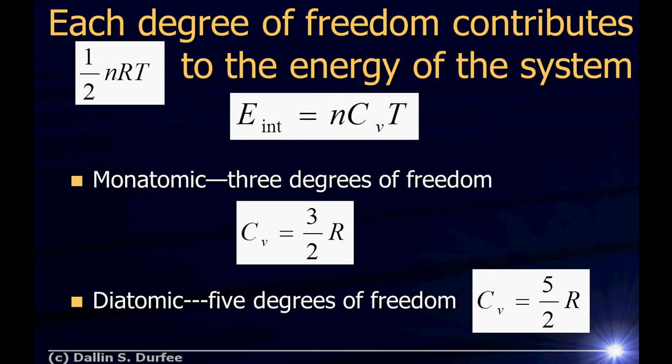So the internal energy is equal to nC_V delta T. Once again, really what it's equal to is n times the number of degrees of freedom over 2 times R times the temperature, right? That's the internal energy. And it just so happens that C_V is equal to the number of degrees of freedom over 2 times R. Why? Because each degree of freedom adds this much to the thermal internal energy of the system.